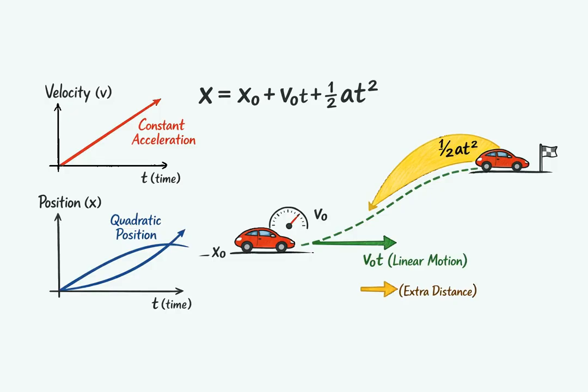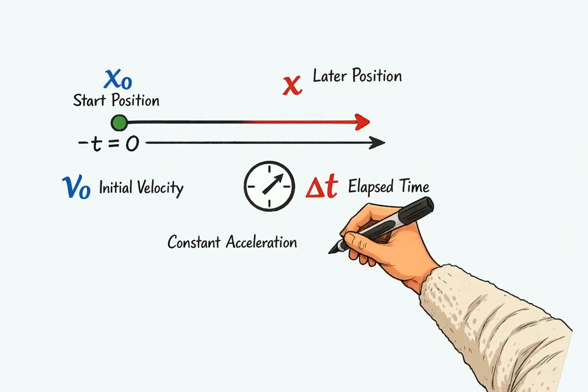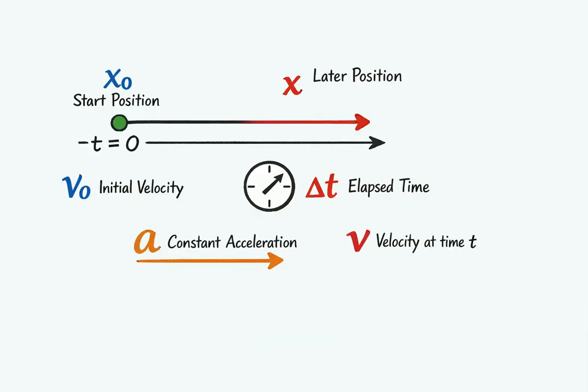The term v naught t is what you would have if you coasted at the initial velocity, and the 1/2 at squared term is the extra displacement gained, or lost, because velocity is changing during the motion. Many kinematics errors are symbolic rather than conceptual, so it helps to keep each symbol's role straight. x sub 0 is the position at the moment you chose as the start. x is the position later.